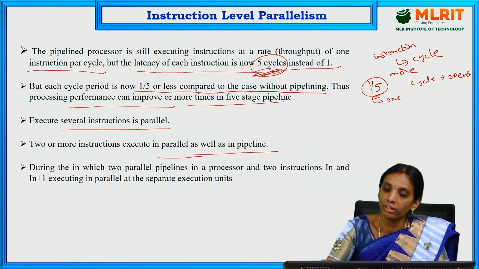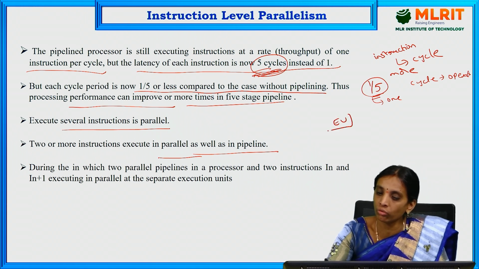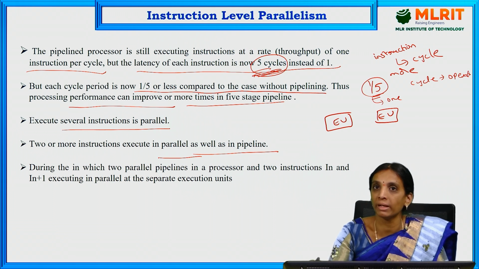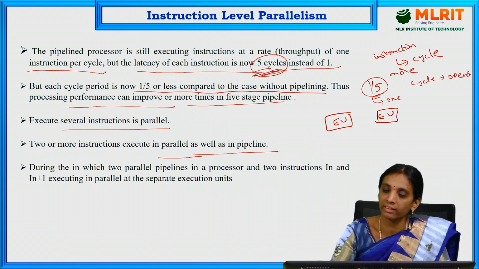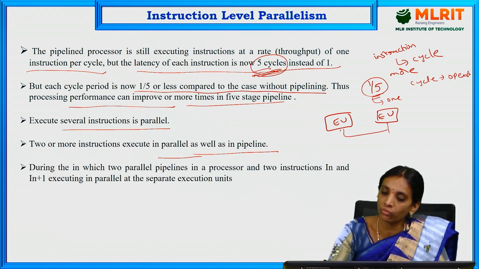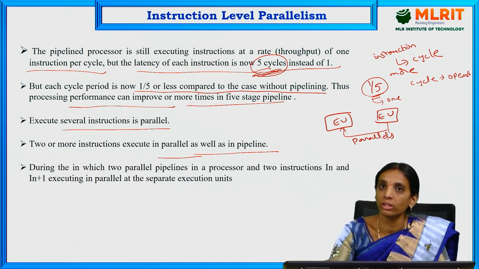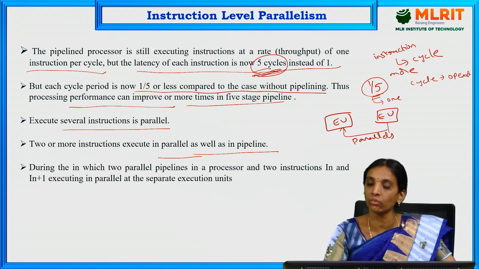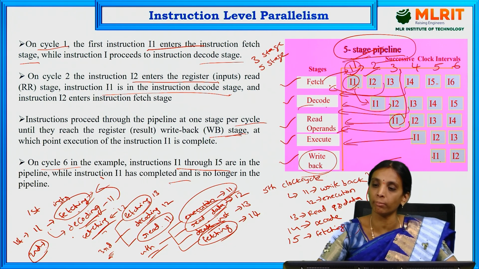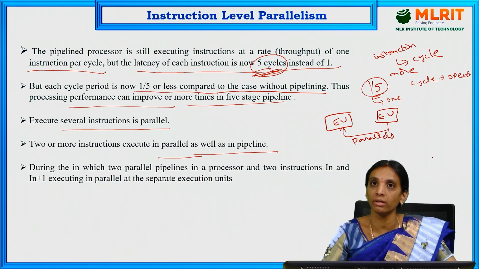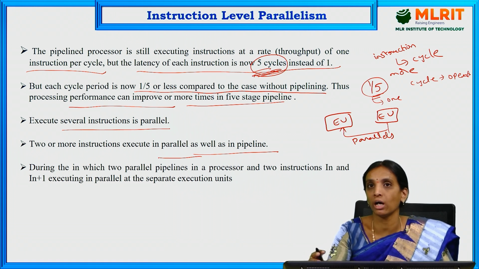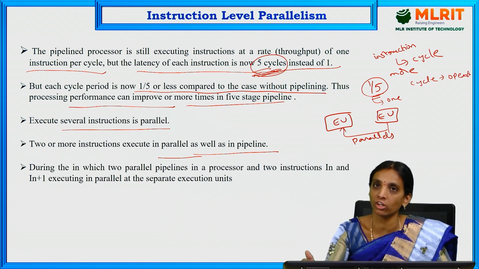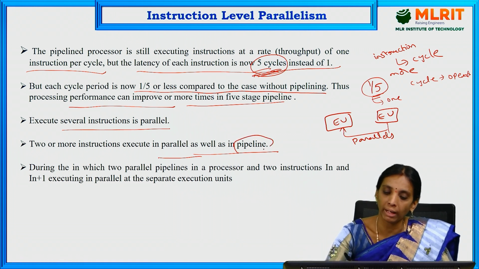If we use two separate execution units for two separate instructions, then we say those instructions are executed in parallel. If instructions are executed simultaneously in the same unit by sharing the entire clock interval among a number of instructions, it is called pipelining.